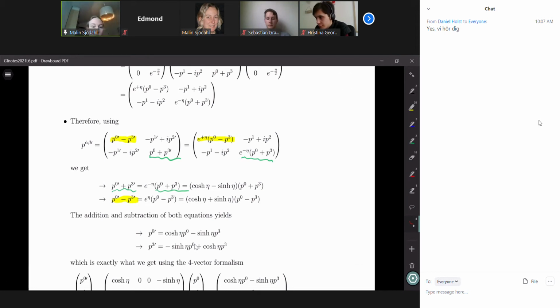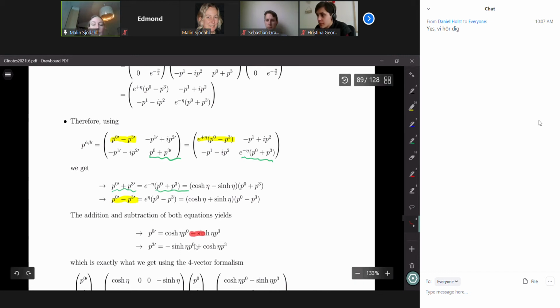For example, if we add those two expressions together and divide by a factor of 2, we should identify p0 prime. Adding them together, I have a cosh from there times p0 and another cosh from there times p0. Then I divide out the 2, so it gives me this term. And I have a minus sinh from there multiplying p3, and that comes with the same sign as a minus sinh multiplying p3 down there. The other terms cancel.